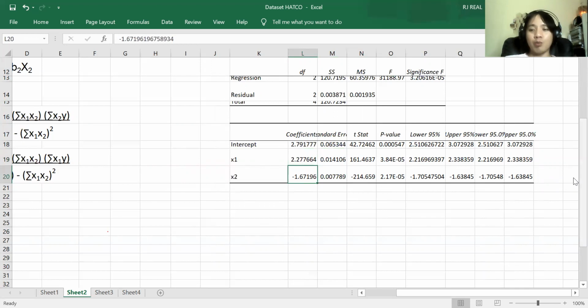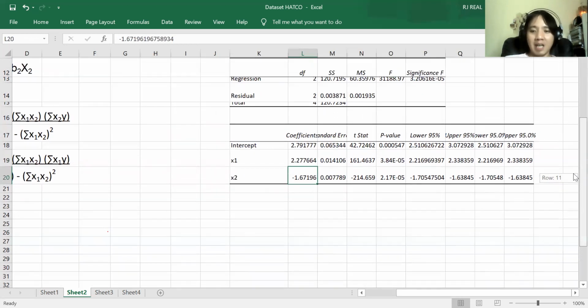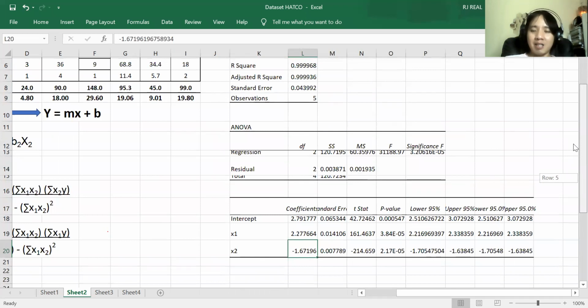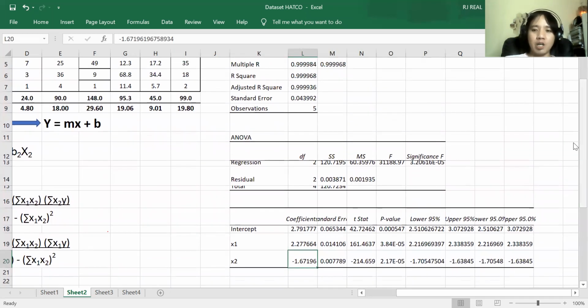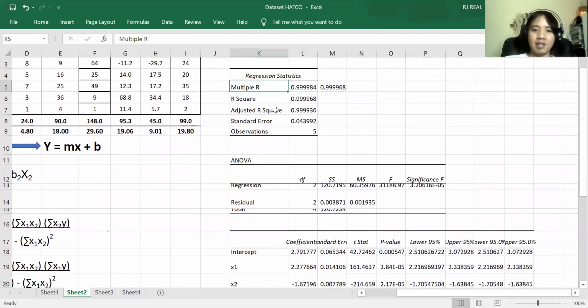So the computation for that is different. Aside from that, we also did not compute the results of our multiple R, adjusted R square, and the analysis of variance. But basically, our R square is a Pearson correlation raised to the power of 2. Alright? We get the R square by raising the value of our R to 2.